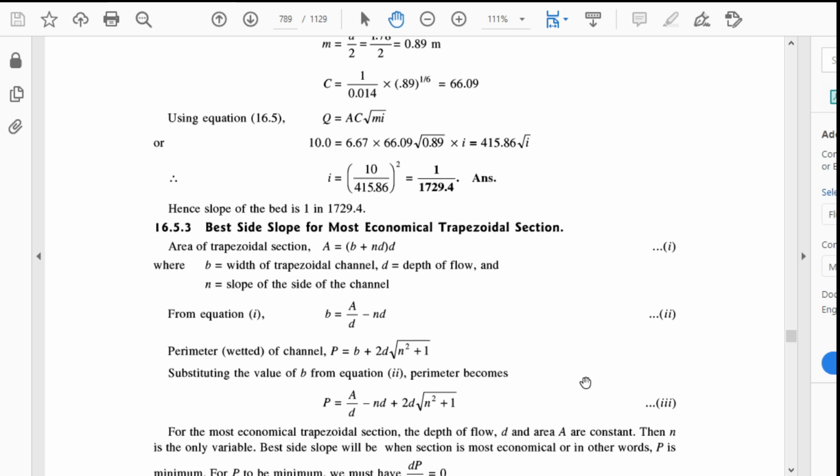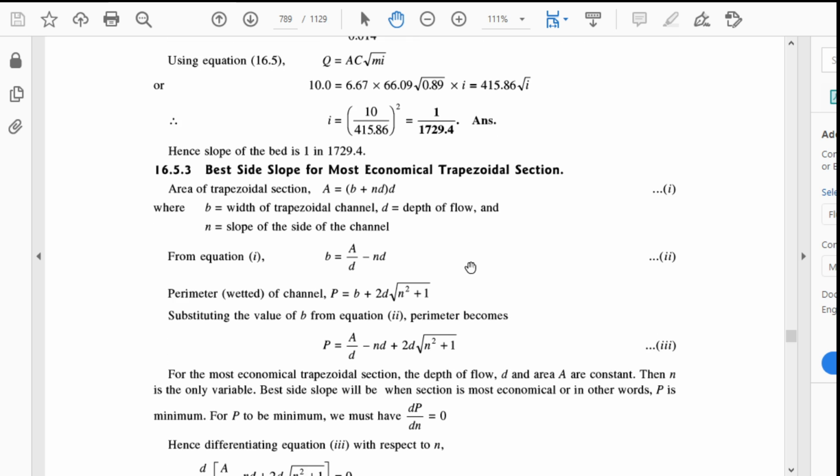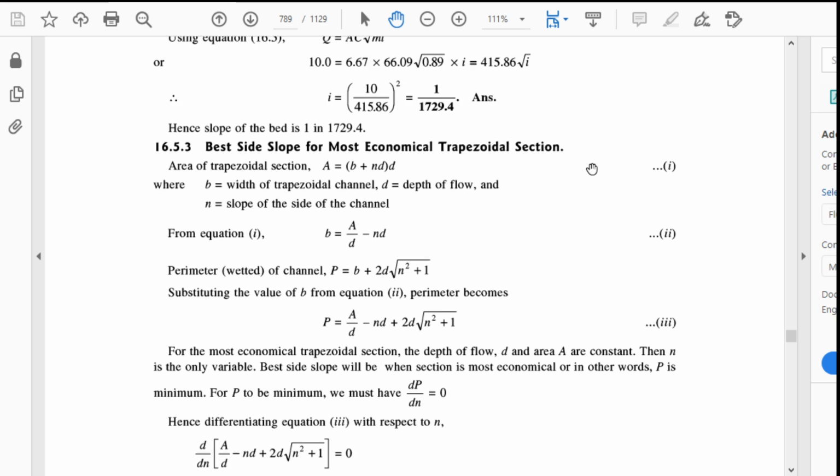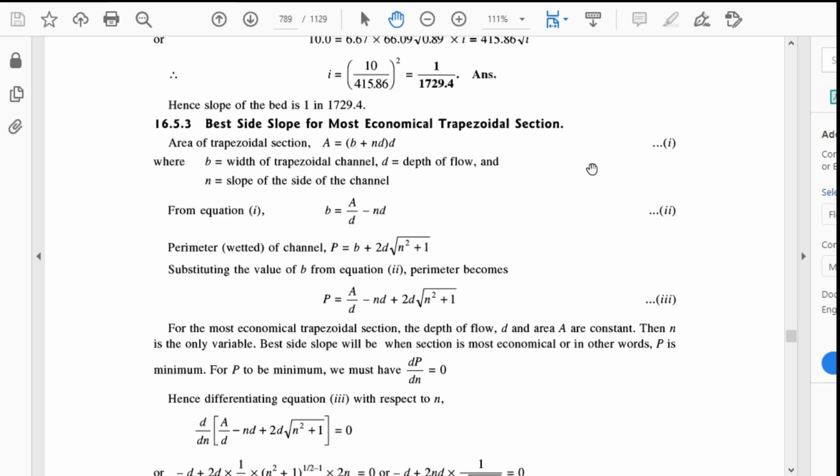Here you can see the best side slope for the most economical trapezoidal section. This is a theory question. You may be asked this theory question in your final exam. It is also very simple, you only have to remember the formulas for area and perimeter.